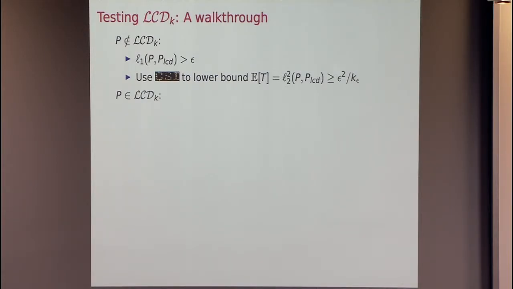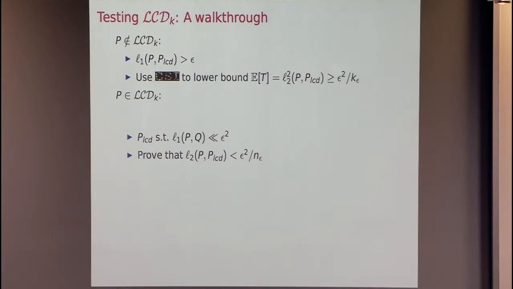If the distribution is in the class, then we try to learn it much better. This Q should be in the class, such that the L1 distance is at most epsilon squared, and then we show, depending on the class, that the L2 distance is at most epsilon squared over k epsilon.